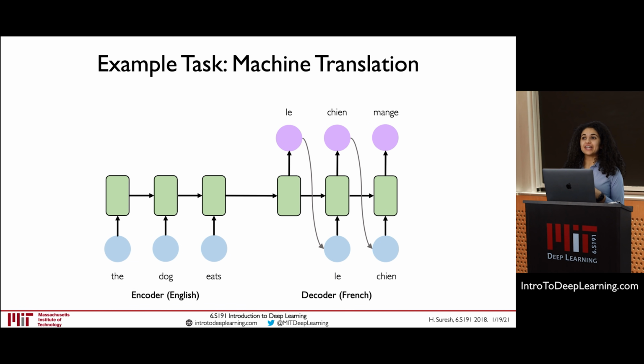All right, so the next example I'll talk about is one of the most powerful applications of recurrent neural networks, and it's the backbone of things like Google Translate. That's this idea of machine translation, where our goal is to input a sentence in one language and train an RNN to output a sentence in another language.